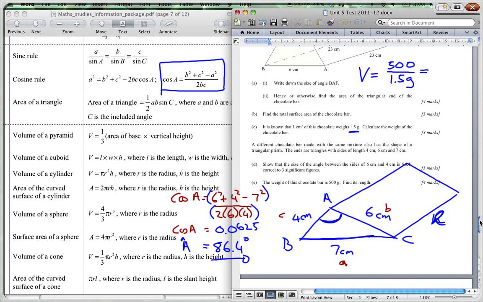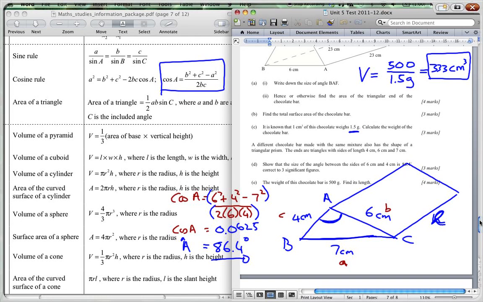So 500 divided by 1.5 will give me 333. It's actually recurring 0.33, but we can just use that for the moment, although in the calculator I work it out. So that's your volume there.